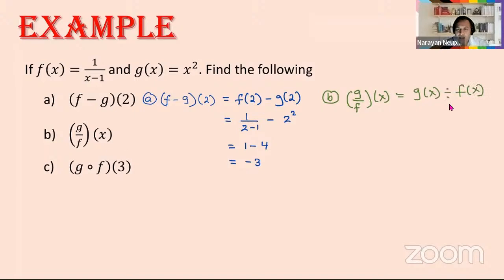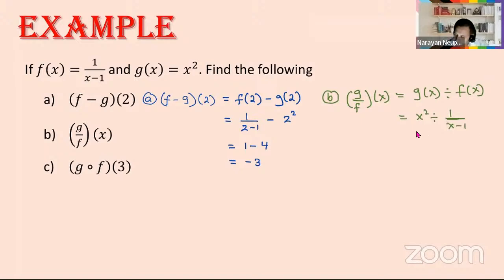Now we can write the value of the individual functions and then simplify. The value of g of x is x squared, divided by f of x. f of x is 1 over x minus 1, that is the reciprocal of x minus 1.